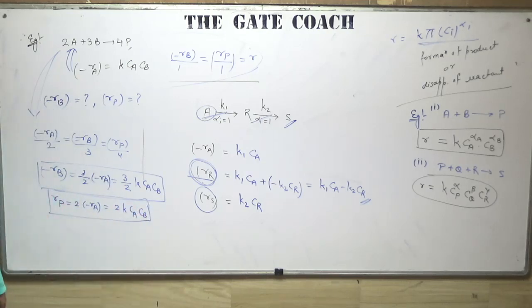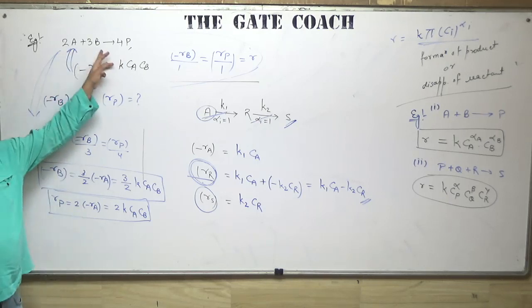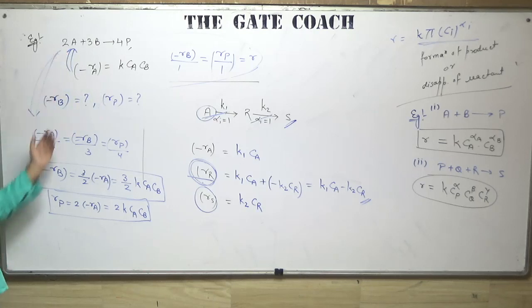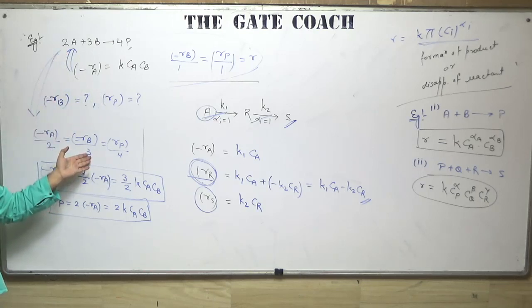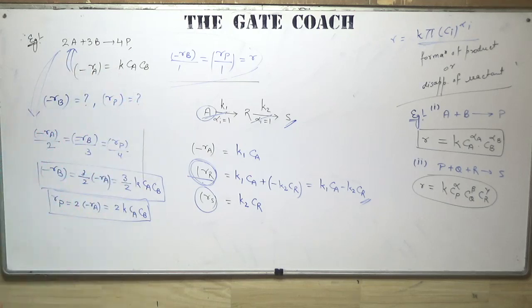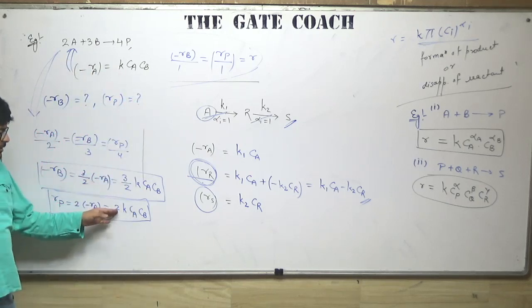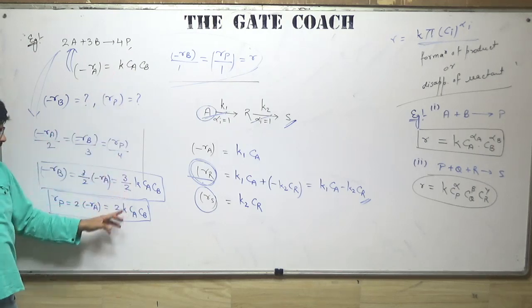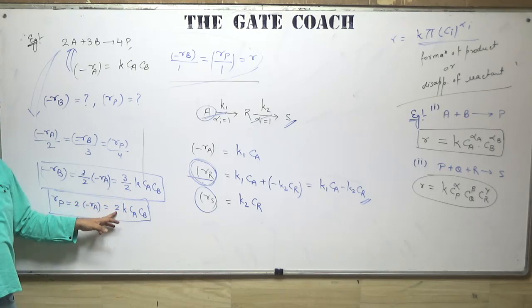Okay. So if stoichiometric coefficients are different and you have the rate in terms of any component, then with the help of relative rates, you can find out the rate equation for all other components as well. And you will see the constants are different. Here it is 1, here it is 3 by 2, here it is 2. But ultimately the nature of the rate equation is same.